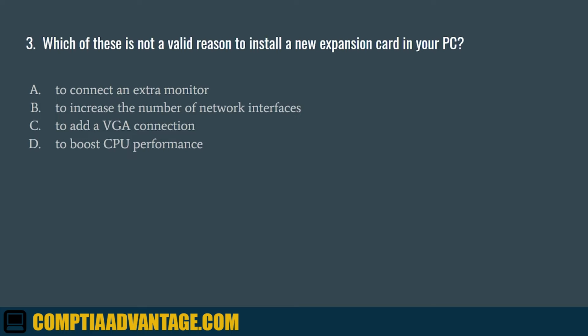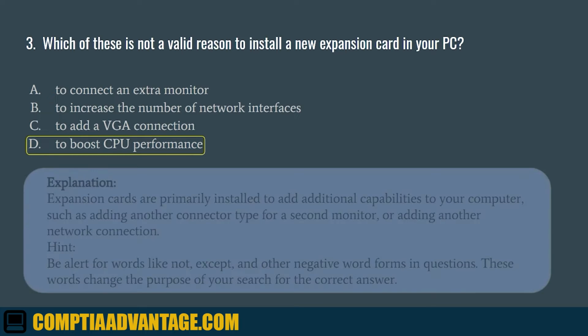Question 3. Which of these is not a valid reason to install a new expansion card in your PC? A. To connect an extra monitor, B. To increase the number of network interfaces, C. To add a VGA connection, D. To boost CPU performance. The correct answer is D. To boost CPU performance.